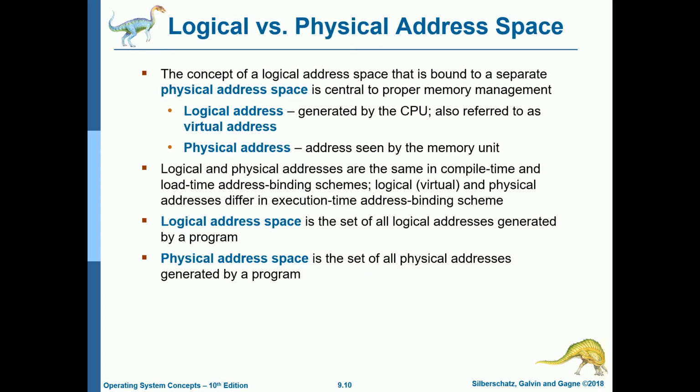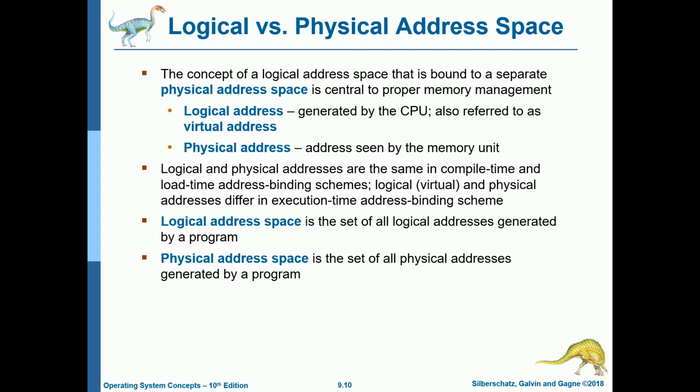An address generated by the CPU is commonly referred to as a logical address. Now, this is different from an address that is seen by the memory unit, that is, the one loaded into the memory address register of the memory. This is commonly referred to as a physical address.